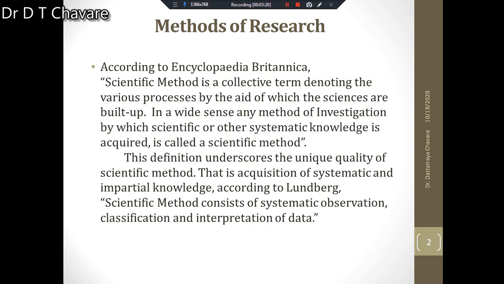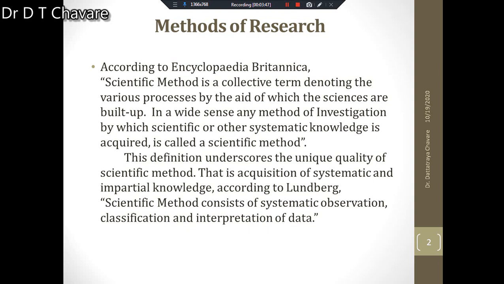It means that your observation should be systematic, your classification should be systematic, and interpretation of data should be accordingly. It means your observation should be systematic, your data should be classified, and it should be interpreted.